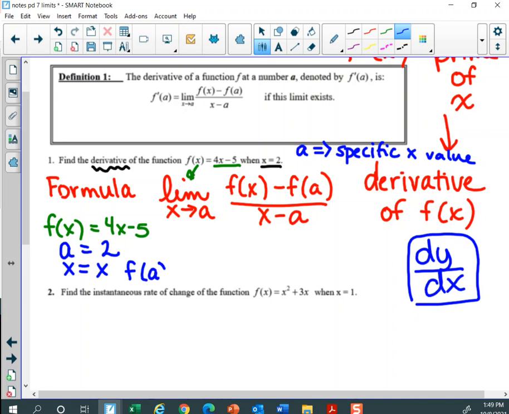And so f of a will be f of 2. Which means do what in this problem? How do I find f of 2? What's the formula, or what's the function? What does the f function say to find f of 2?